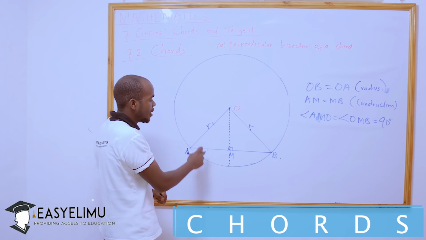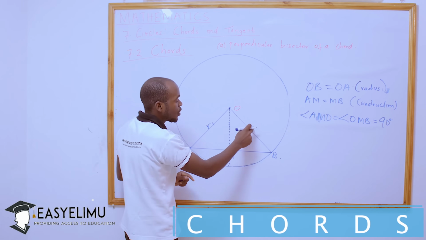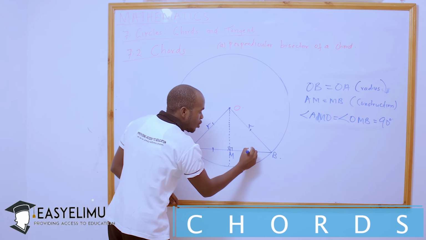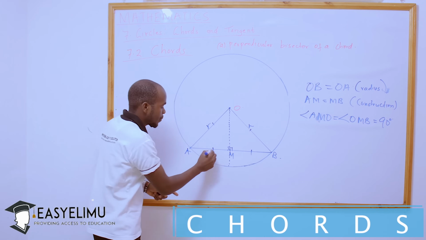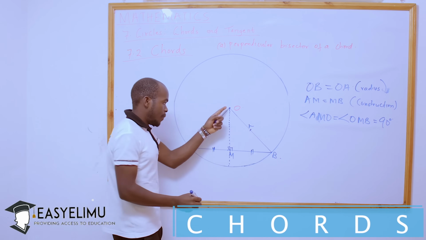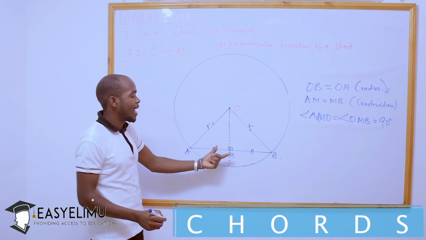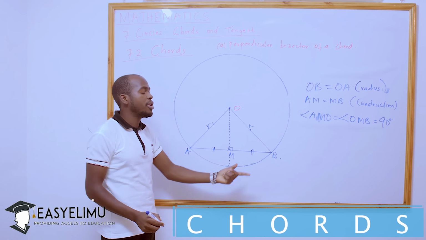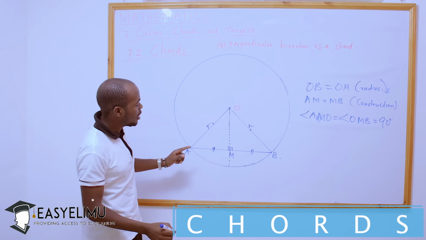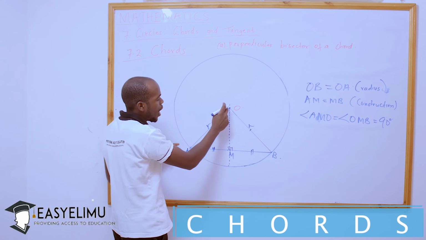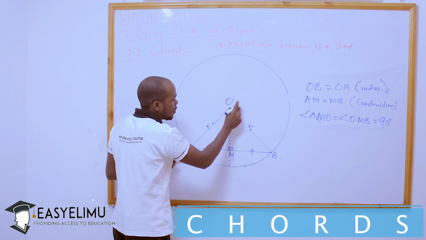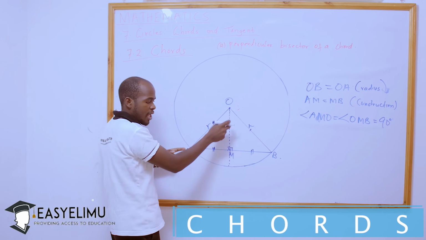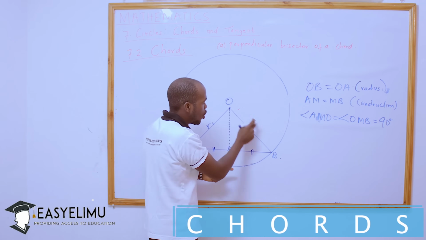But remember, this is radius, this one is also radius, and this side here is equal to this side because this bisector cut the line into two equal parts, having AM equal to MB. If you view it well, we are going to have triangle OMA equal to triangle OMB.